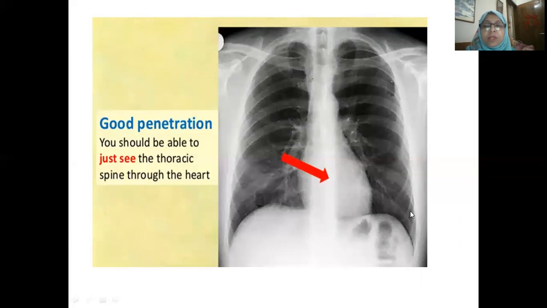And you have to know pneumonia, like lobar pneumonia and bronchopneumonia, from the X-ray chest, pleural effusion, pneumothorax, then hydropneumothorax, and tuberculosis, like that.